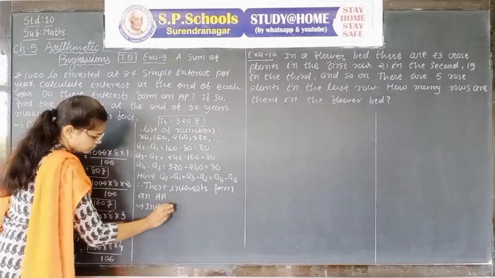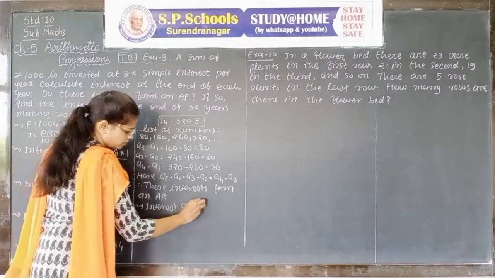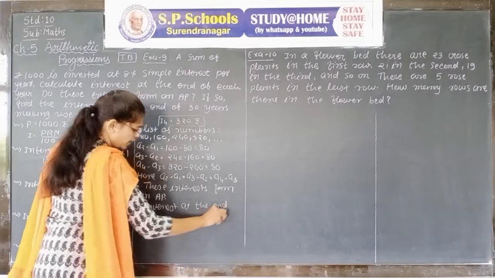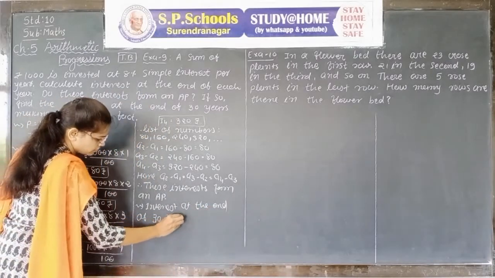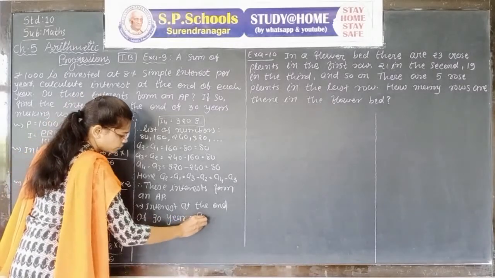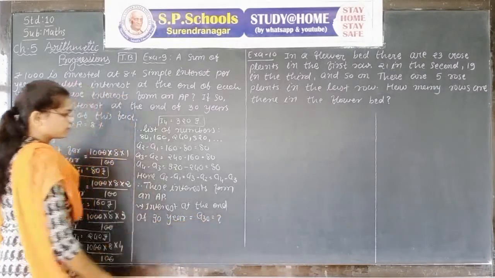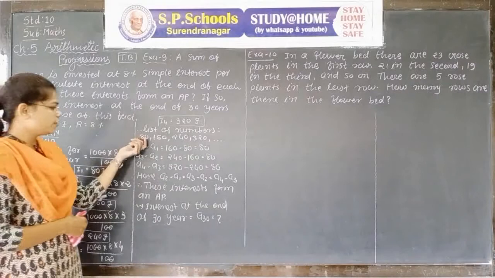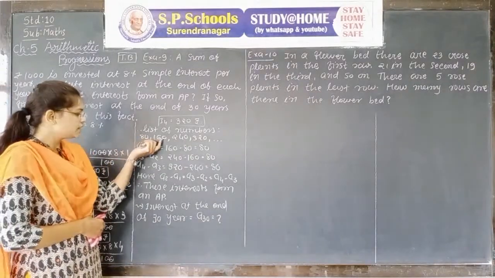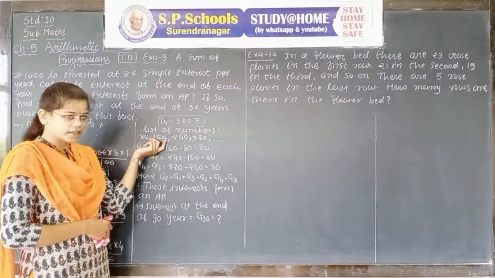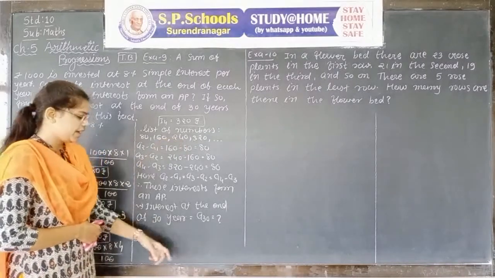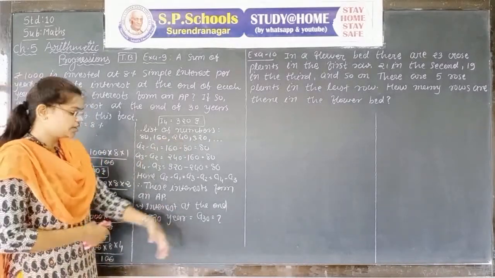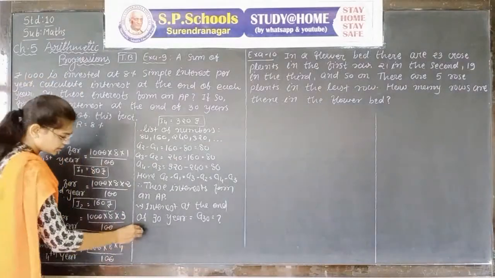Now the second question, interest at the end of 30 years, given by A30, which is the question mark. Interest at the end of the first year is the first term, at the end of the second year is the second term, at the end of the third year is the third term, and the interest at the end of 30 years is called the 30th term, A30.